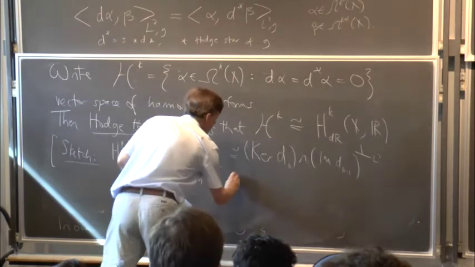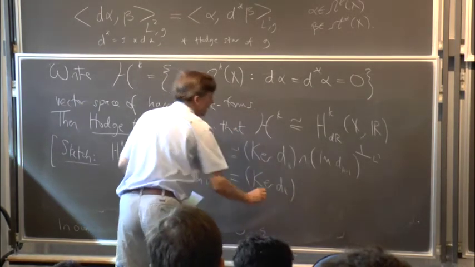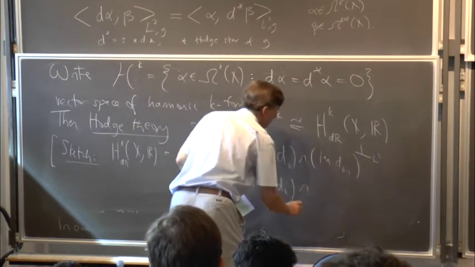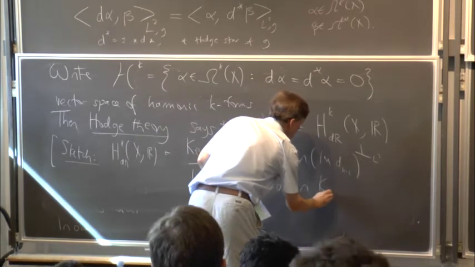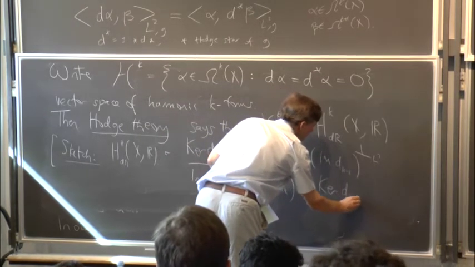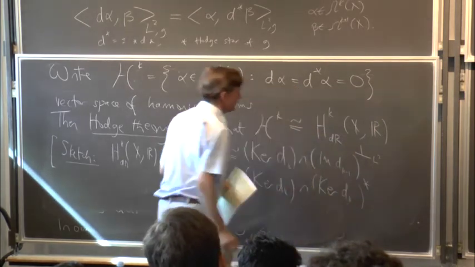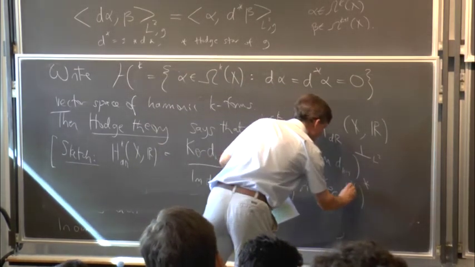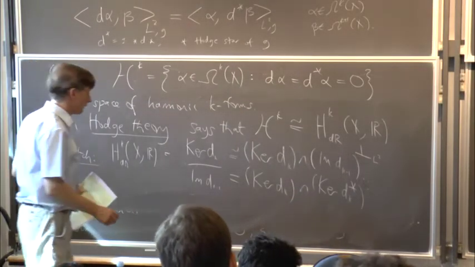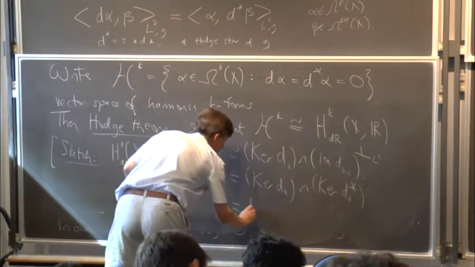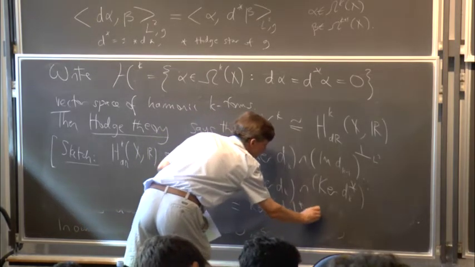And then this is equal to the kernel of d_k intersected with the kernel of d_{k-1}*. Finally, if you like, you can also say this is equal to the kernel of d*d + dd*.